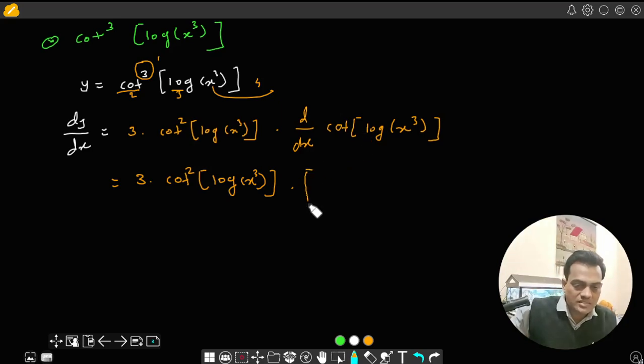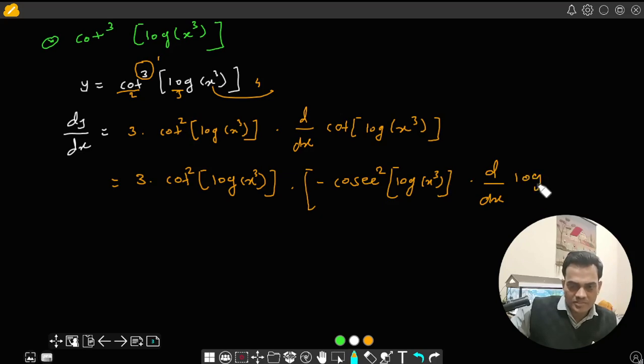So its derivative is minus cosec square x, and instead of x there is a log of x cube, and again the derivative of log of x cube.